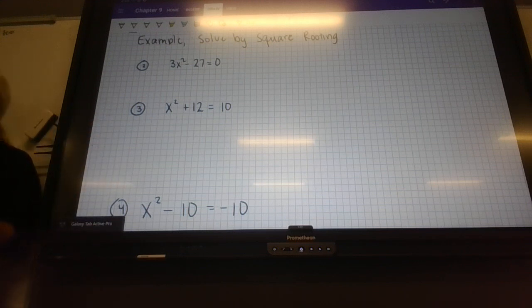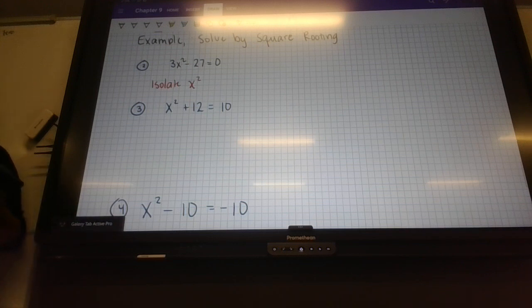Okay, step 1 is to isolate x squared. So, what does that mean? Get x by itself. Yes, we need to get x squared by itself. So this equation, what should we do first, the subtraction or the square? The subtraction.